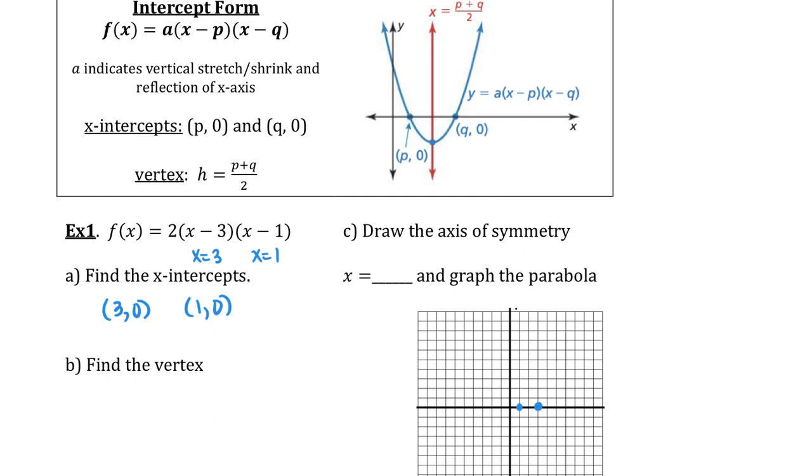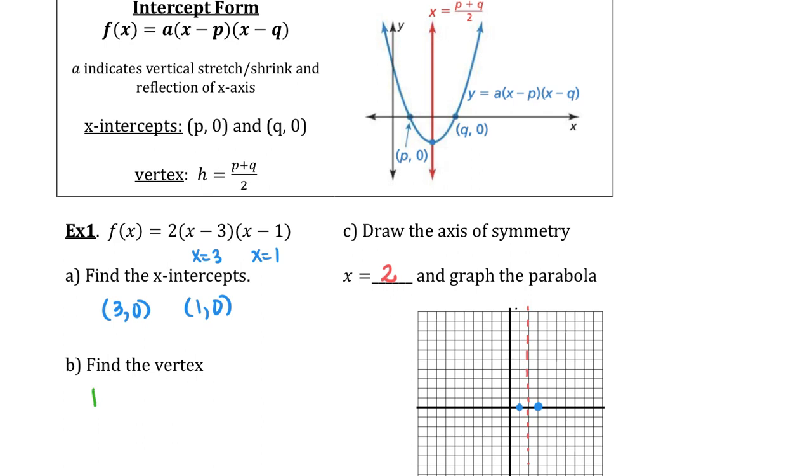Okay, now I'm going to go ahead and draw the axis of symmetry because on this graph it's easy for me to see. The axis of symmetry goes through the middle. So the middle of 1 and 3, I can see that's going to go through 2. So let me go ahead and graph it. Okay, that's going through x equals 2 just because I'm looking at it and I can tell that between 1 and 3 is 2. Now if I can't tell, I need to use this formula to find the x coordinate of the vertex.